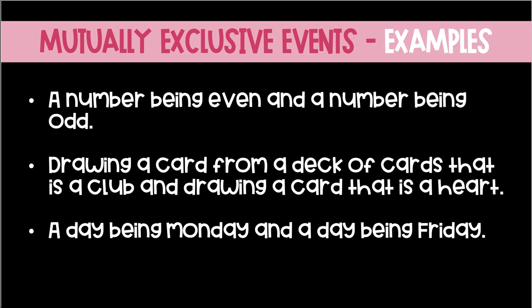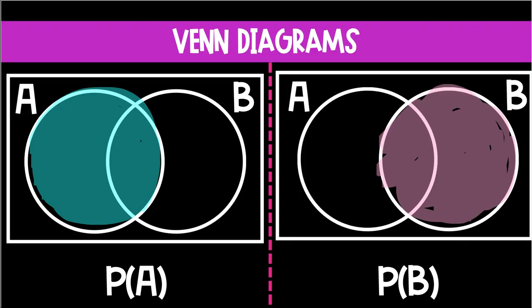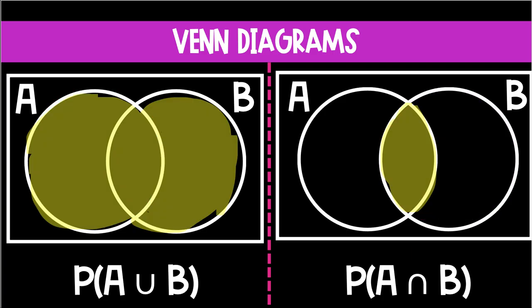I want to remind you from our Venn diagrams that we had the probability of A being the collection of events of event A happening. The collection of event B happening is the probability of B. The probability of their union is A, B, or both A and B together. The probability of their intersection is just when A and B happen at the same time.